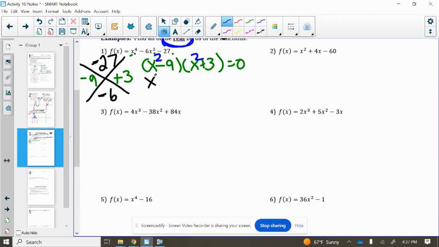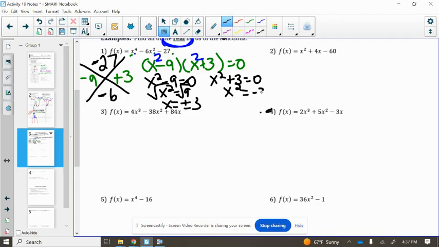And from here, we can set each of these two pieces equal to 0. As we start solving, we square root and get positive or negative 3 as two of our zeros. Then we have x squared plus 3 equals 0 again.